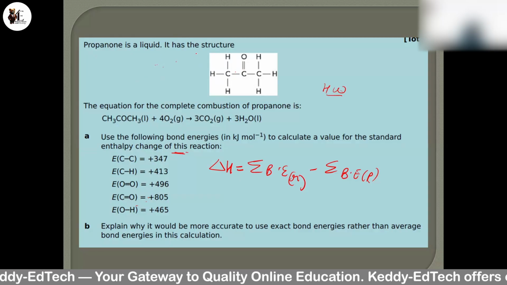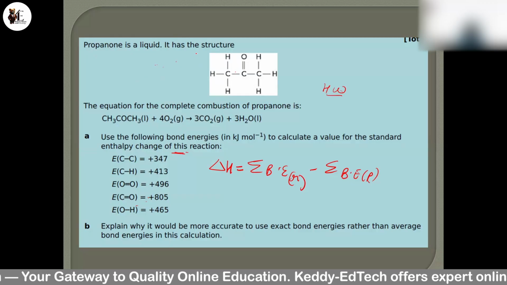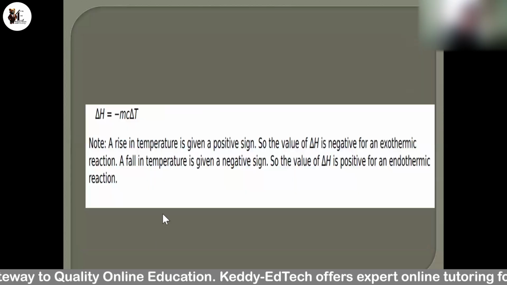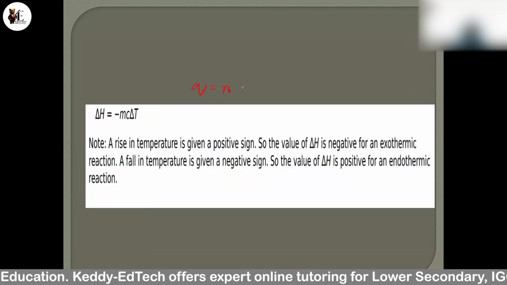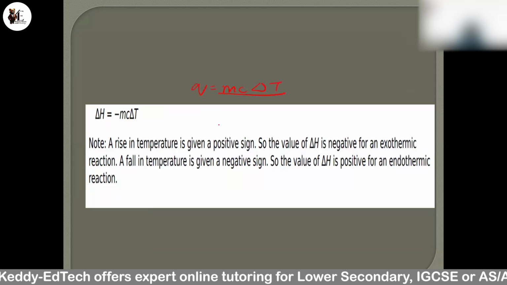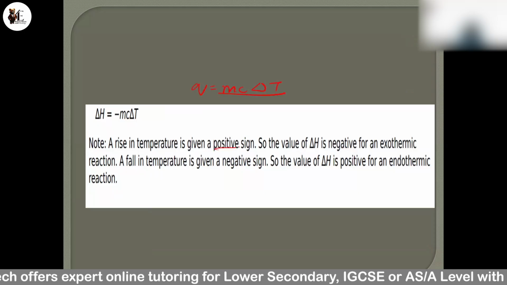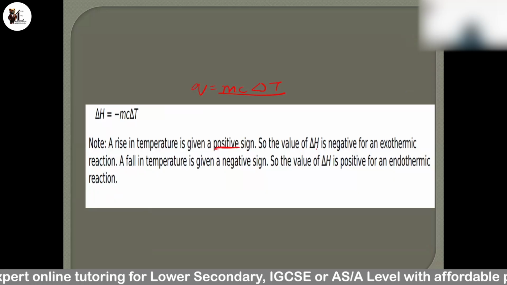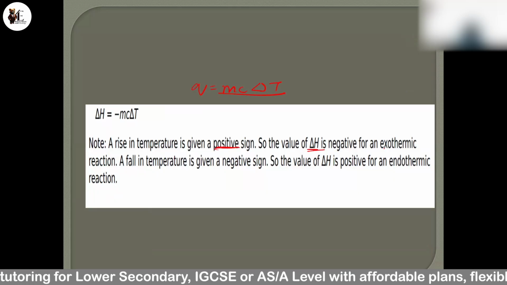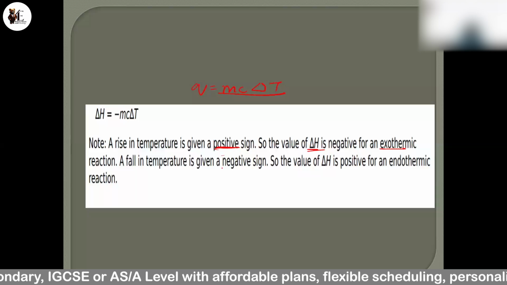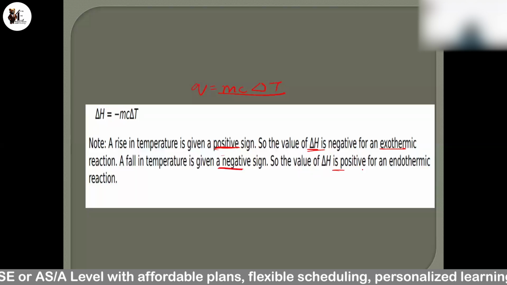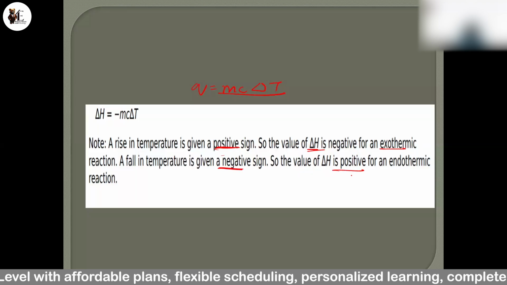So we have studied Q = mcΔT, right? This is our equation. A rise in temperature is given a positive sign, so ΔH is negative for an exothermic reaction. A fall in temperature is given a negative sign, so the value of ΔH is positive for an endothermic reaction.